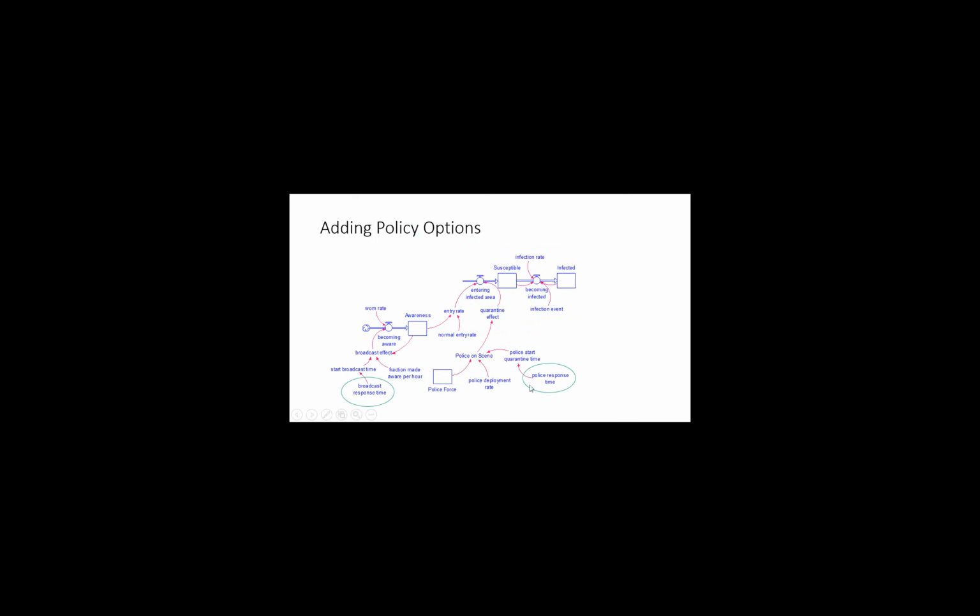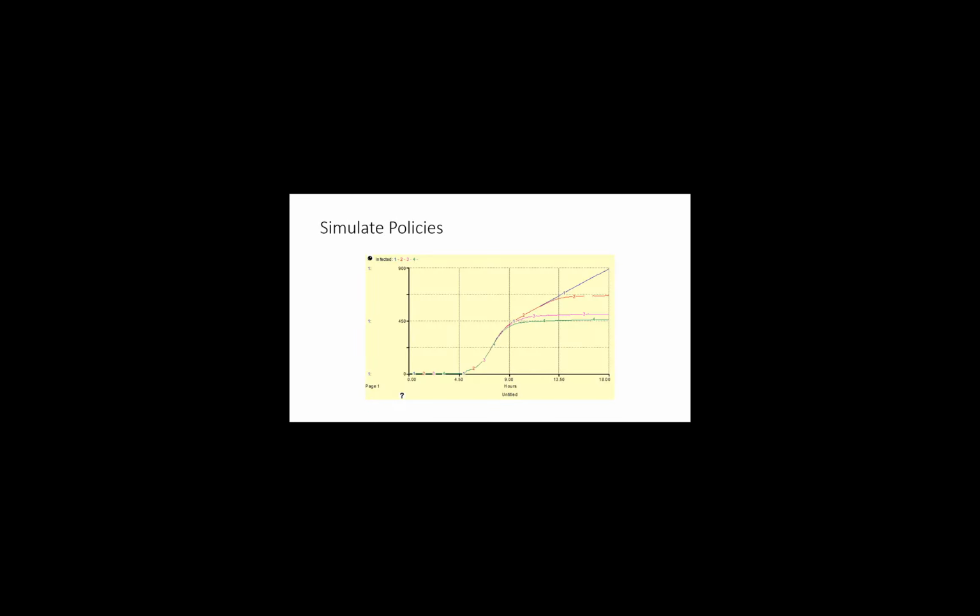So we have two policy levers in here. The deployment rate could be another policy lever, but two that I'm looking at are the time that we respond to start broadcasting this and how long it takes before the police are able to respond as well. If we look at those different options and the different settings for those options, and we simulate that on our computer, then we can see several possibilities. Curve 1 here, you'll notice they all pretty much start the same way. This is the infection. This is how many people are infected.